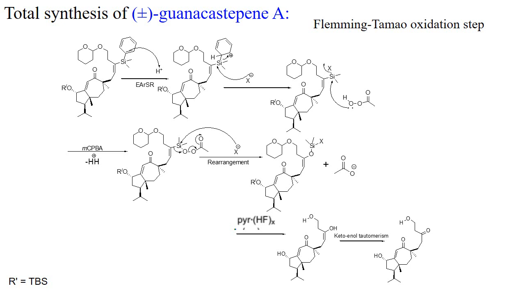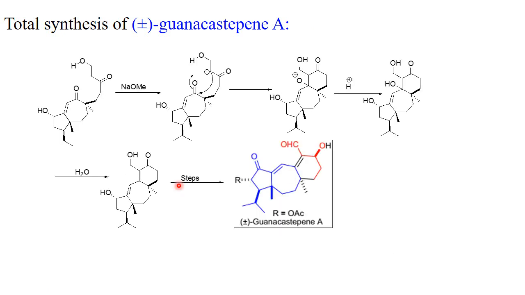During this step, we have prepared the 1,5-diketone, and this is the same 1,5-diketone which was prepared by the Michael addition reaction. But here the Michael addition reaction was not used; the Fleming-Tamao oxidation step was used to prepare the 1,5-diketone. See, this is the 1,5-diketone.